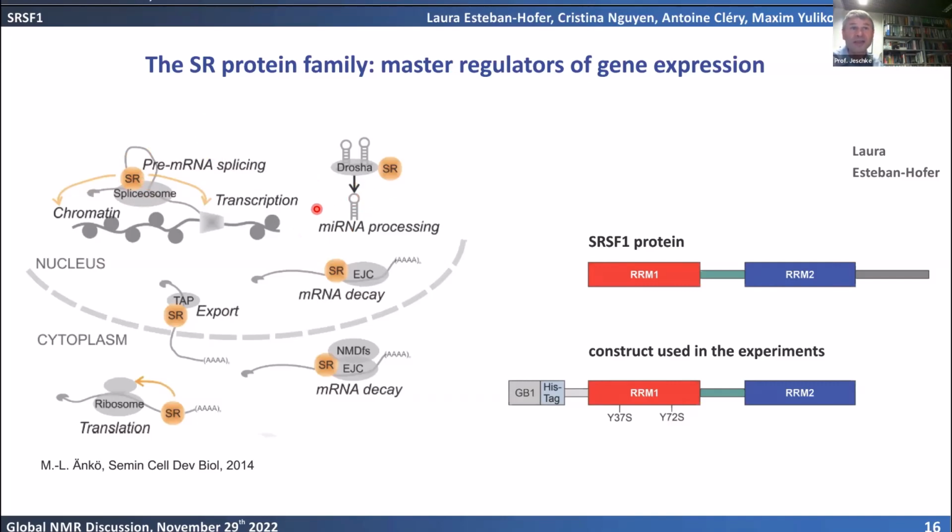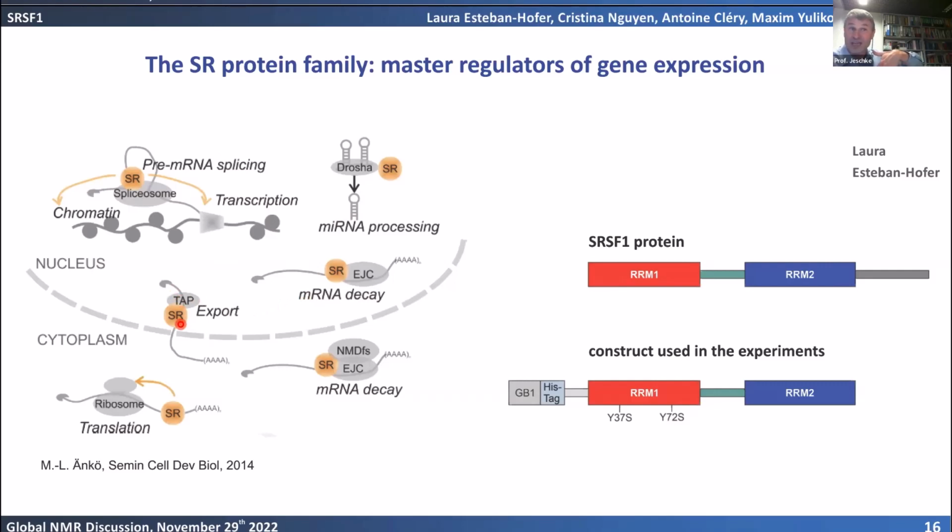It's also involved in microRNA processing. It is involved in mRNA decay. If the mRNA should not survive for too long, it should decay after some time. You also need proteins that do this.